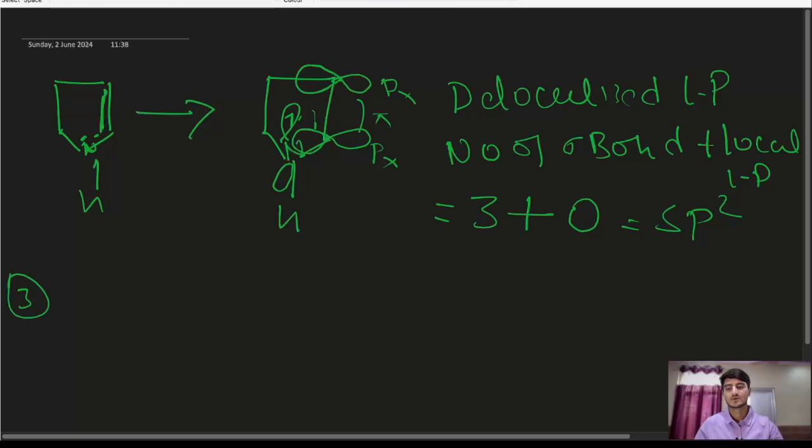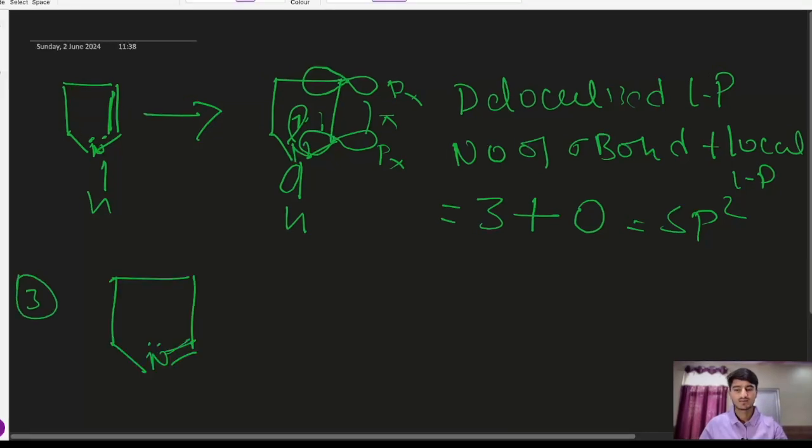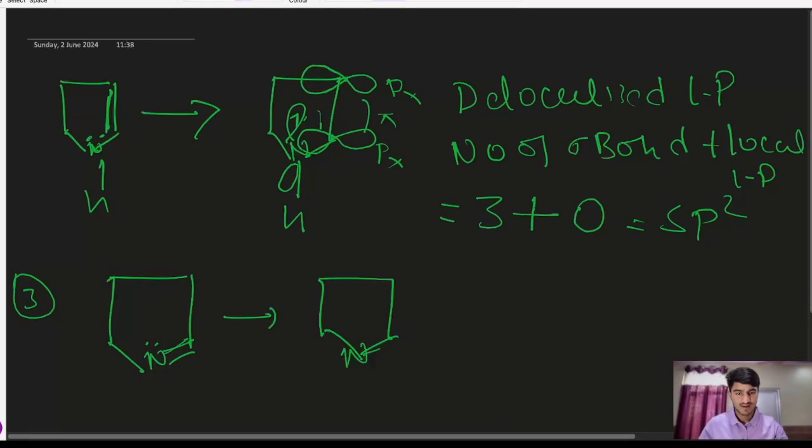Let us come to the third example. In this case, the pi bond is formed between these two atoms, nitrogen and carbon. If px of this nitrogen is forming the pi bond, then px of this carbon will take part in forming the pi bond.